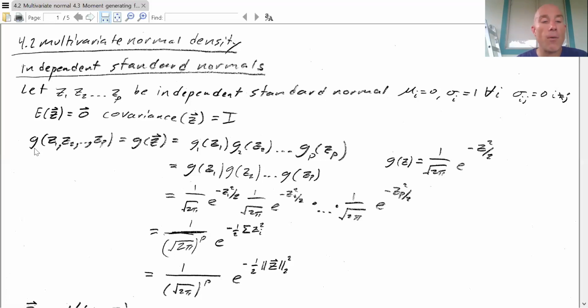First I'm going to take the density of the entire vector, so it's g of z1, z2, z3, all the way through, and of course that's just going to be the density of vector z. Here, if you really get nitpicky, you'll notice that I'm recycling the letter g, but I think it's clear. If it's not, shoot me an email.